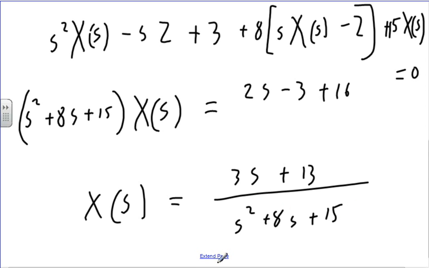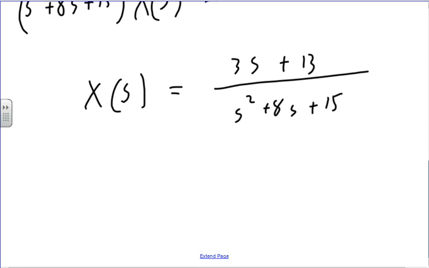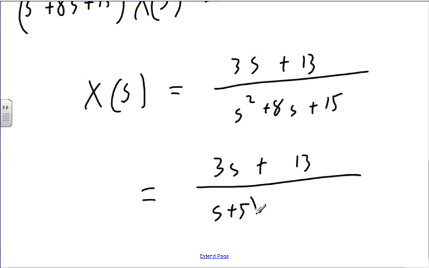All right, and I look at the bottom and I see, well, that's factorable underneath there, so I will. 3s plus 13, and I've got s plus 5, s plus 3.